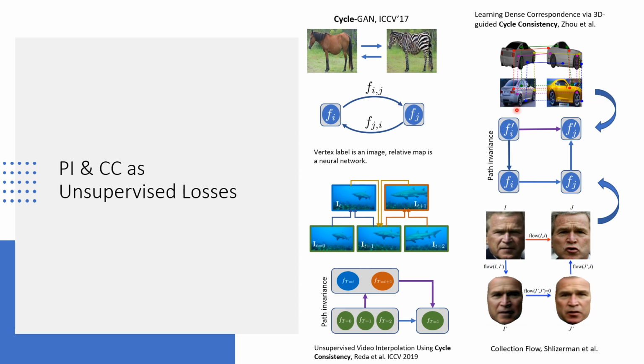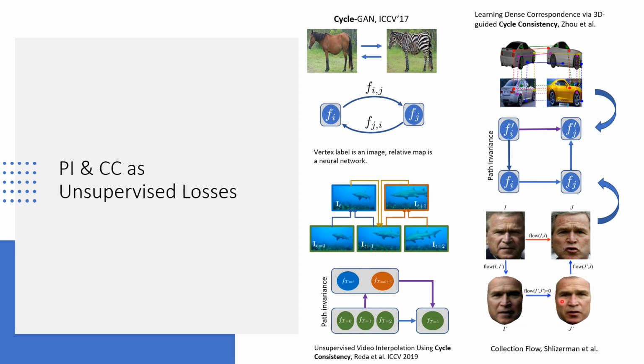This can be expressed in such a graph. We are essentially first performing a map between two real images, then walking over the synthetic images and coming back to that real image, and we want a consistency here. Essentially, that's a path invariance, because there is no cycle in this graph, right?